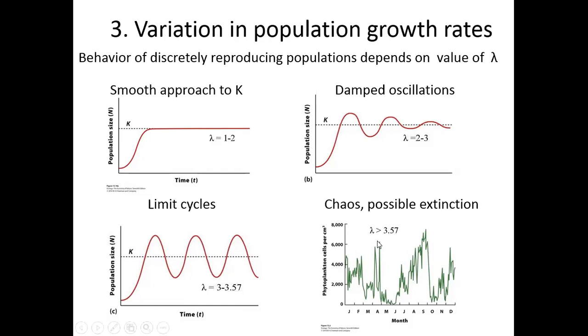What's really interesting about chaos is that there are populations undergoing chaotic fluctuations that can go extinct. So we've solved a lot of problems for geometric growth, but there are a lot of problems for exponential growth that we have not got a satisfactory answer for. So that's what we need to do now.